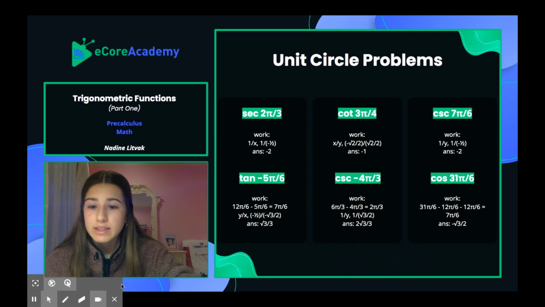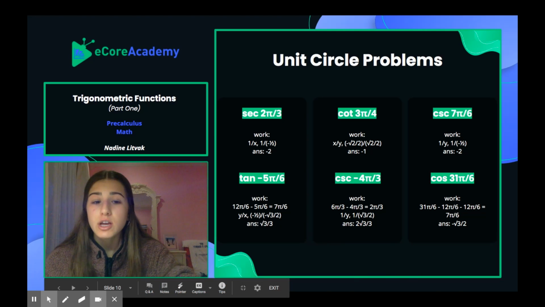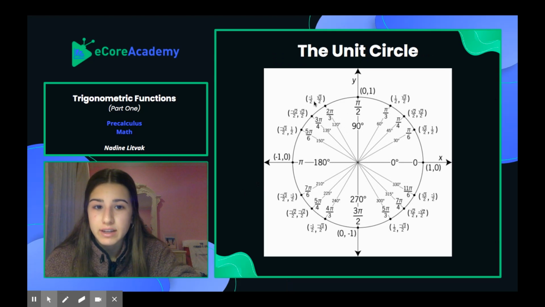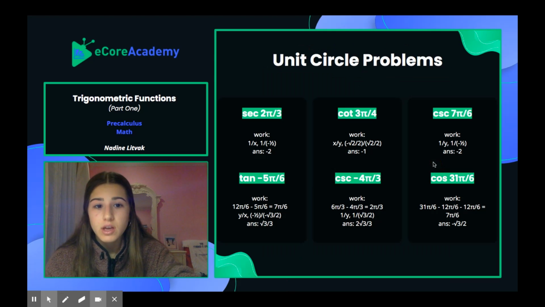So let's go back to the slide before and find 2 pi over 3 together on the unit circle. 2 pi over 3 is right here. The cosine value is -1/2 and the sine is root 3 over 2. Now let's solve cosecant for 2 pi over 3.